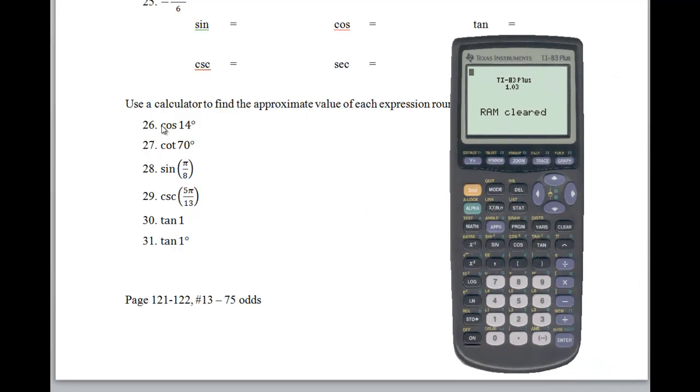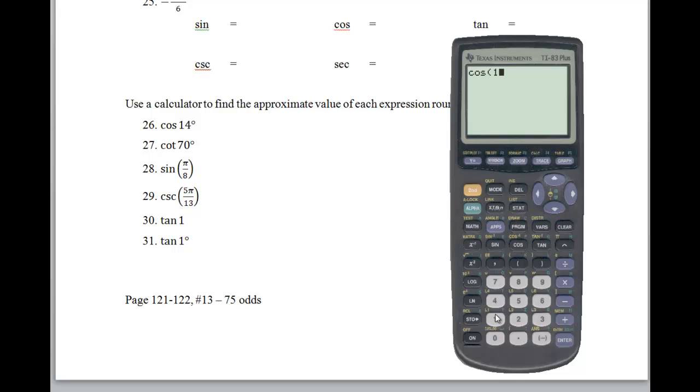So the first thing I need to do is always check what mode I'm in. Now this is in degrees, so I make sure I click the mode and change this to degrees. And do so by clicking the mode on your calculator and hitting enter, because the default is radian when you first get your calculator.